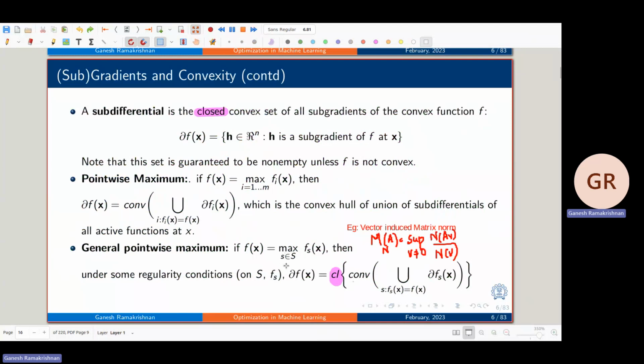Otherwise, it's the convex hull of the union of all the active functions on which the max coincides. The only thing is closure, because you may be dealing with an infinite number of such vectors. So if you're looking at the convex hull, you want to make sure that you also cover the boundaries. That's the only difference.